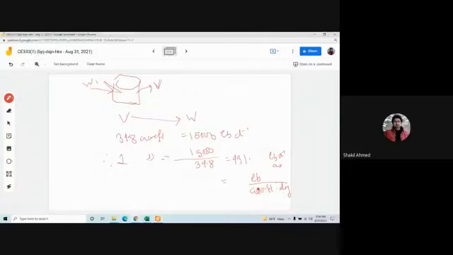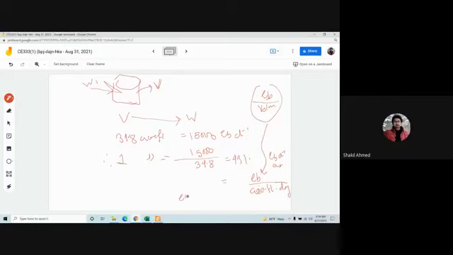Here you got it per acre feet. Now you need this in acre. Here this is in pound per volume, and volume is acre feet.